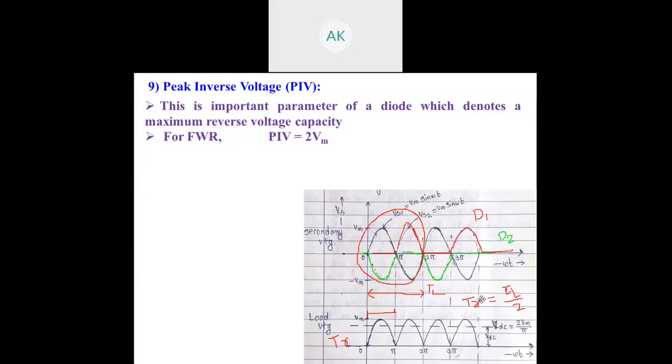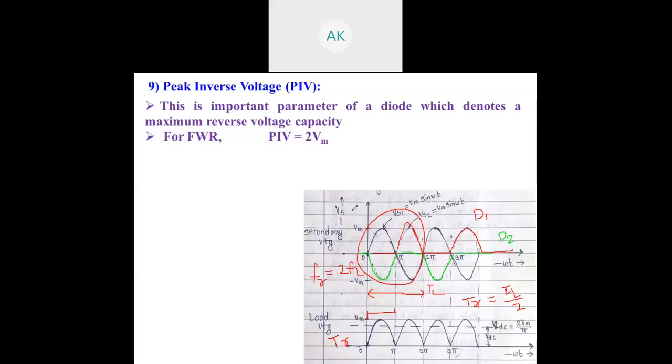If we convert this expression in terms of frequency, TR is replaced by 1 upon FR and TL by 1 upon FL. Rearranging in terms of frequency, the ripple frequency of the output FR is equal to 2 times FL, the line frequency.